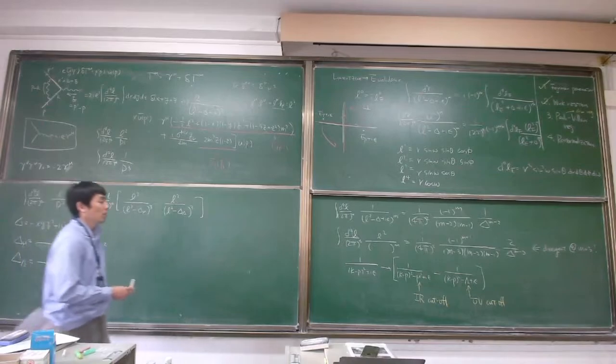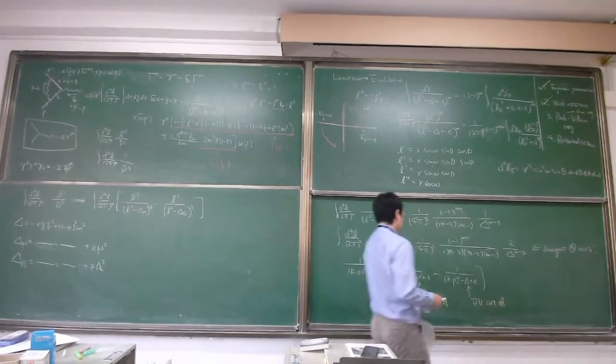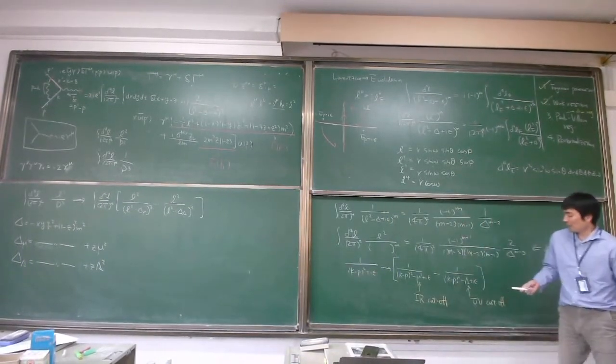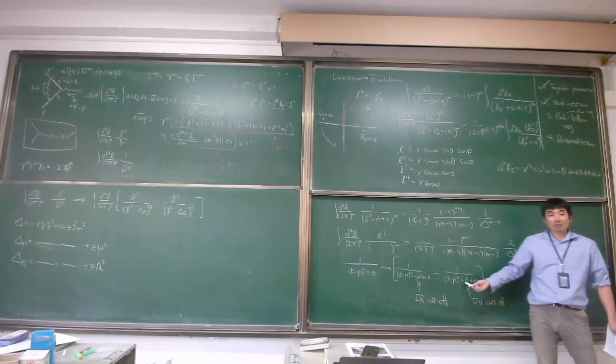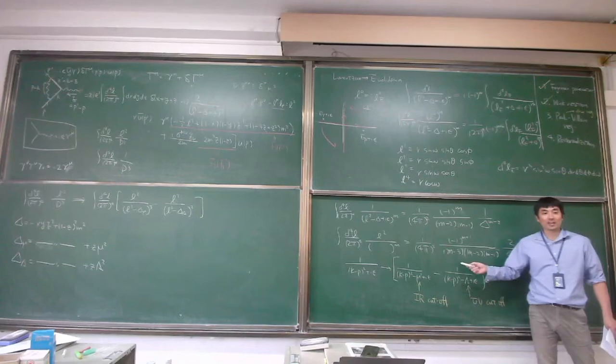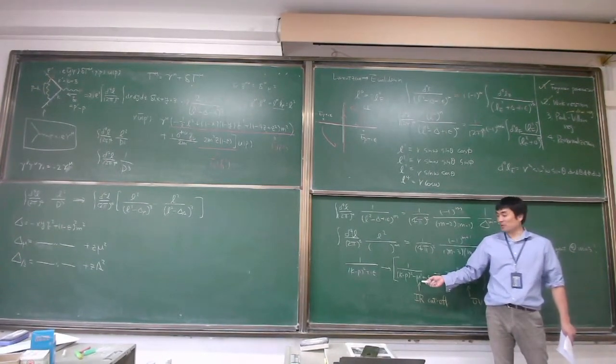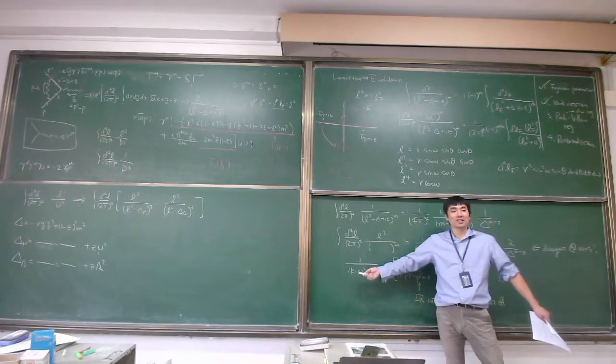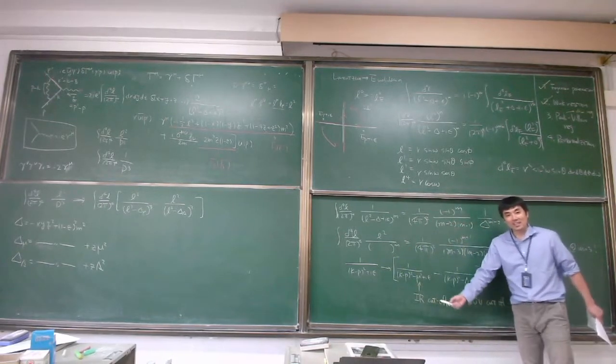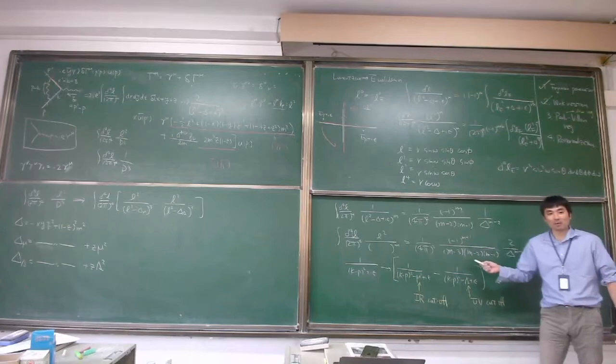Of course, if you take lambda goes to infinity, this term you can ignore, right? And if you take mu goes to 0, you can replace this one. So this sounds like a legitimate operation.